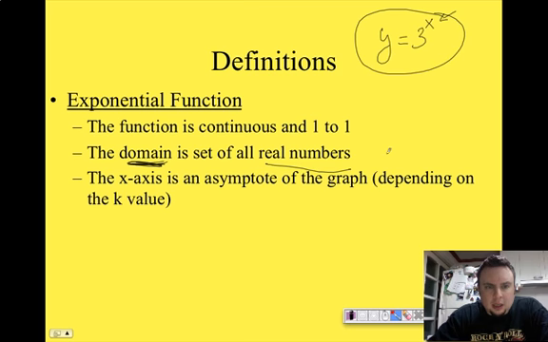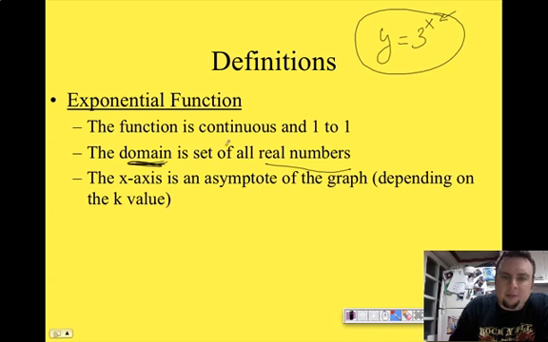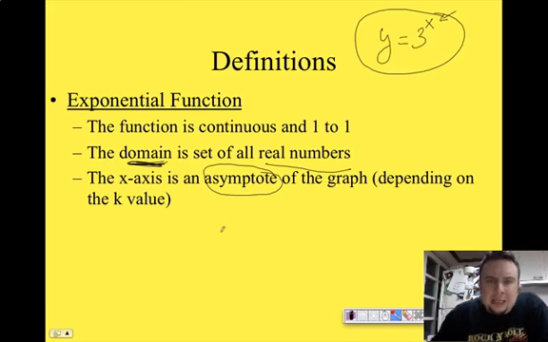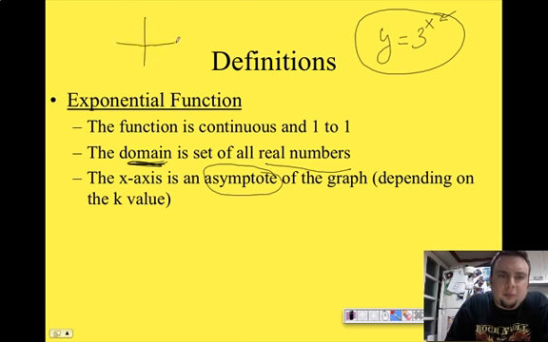Okay? Next, the x-axis is an asymptote of the graph. So, keyword, write that down. Asymptote. Basically, an asymptote is a line that the graph will get closer and closer to, but never touch. Like this. Exponential growth looks like this.